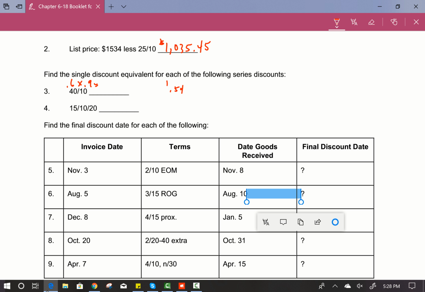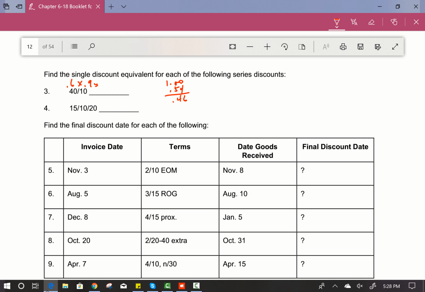We're going to subtract that from the whole number of 1, and that means that the answer is 0.46, or 46%. So the true discount is 46%, not 50%. That's if you have the chains together and you're really wanting to know what the true discount will actually be. Now you could just find the net cost equivalent and subtract that from 1 to give you the single discount equivalent, the true discount amount.